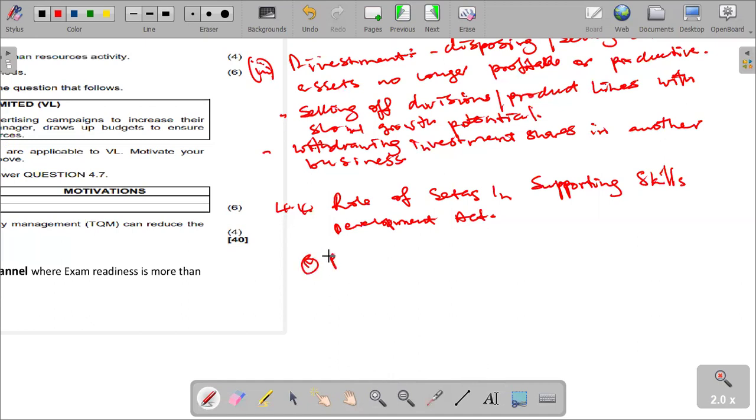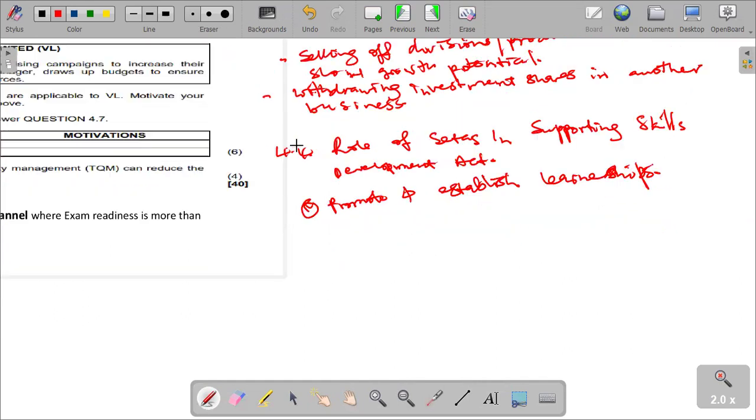SETAs are the ones which promote and establish learnerships.